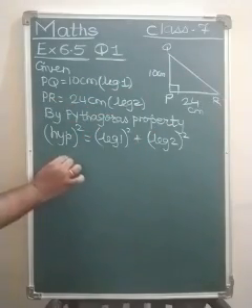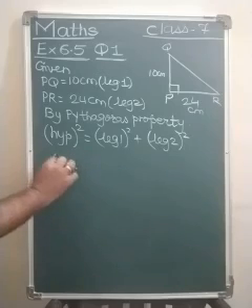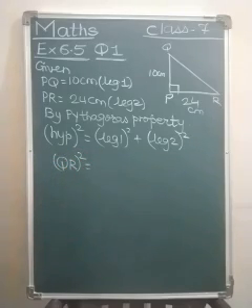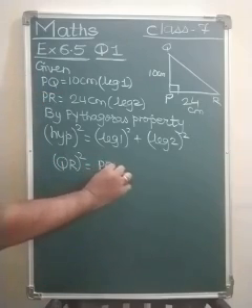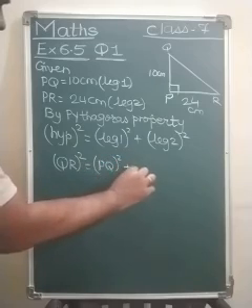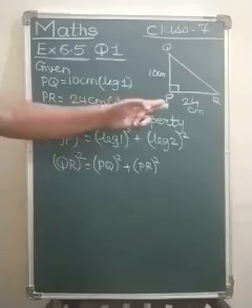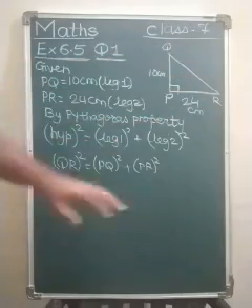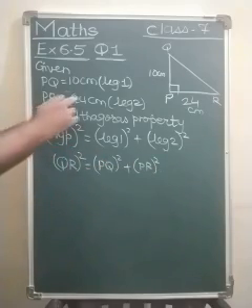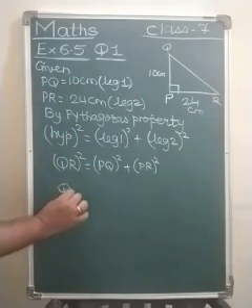It is QR. QR square equals, what is leg 1? PQ. PQ square plus PR square. So as per the naming of the triangle, the sides of the triangle we have written. QR we don't know, so we have to find QR.